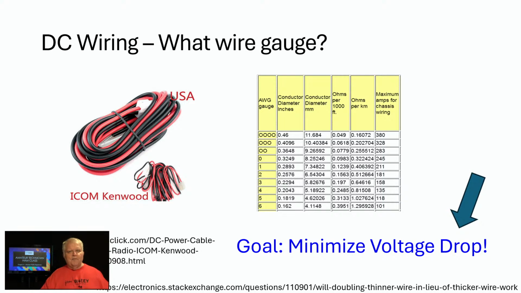The thing is, we're trying to minimize voltage drops along the power cables there. If you start out at 13.8 volts DC, you want close to 13.8 volts at the other end. But if your wire is too small, you're going to start heating that wire, and the voltage will be less at the far end. So you want to minimize what we call voltage drop.